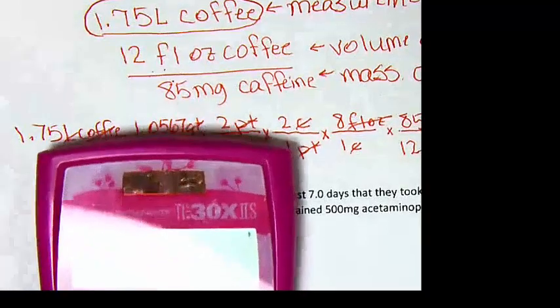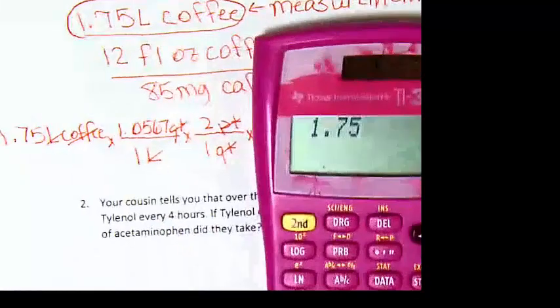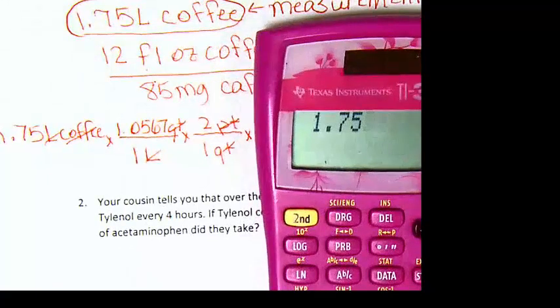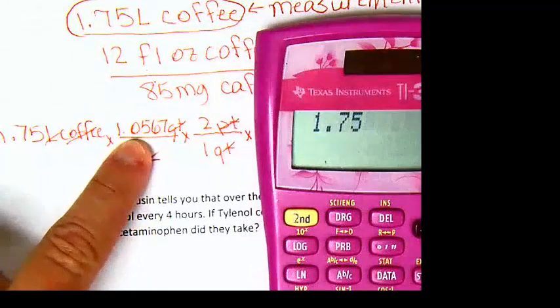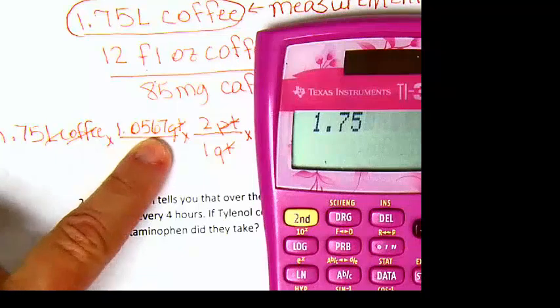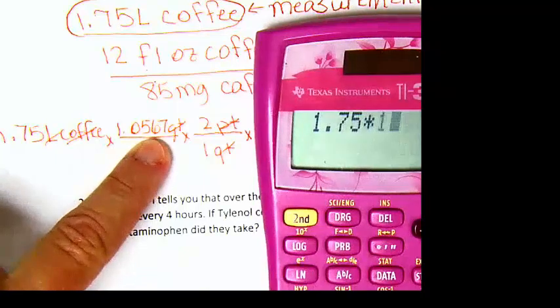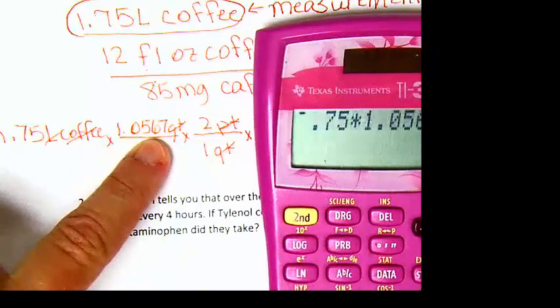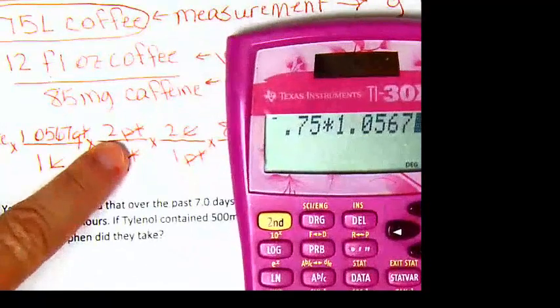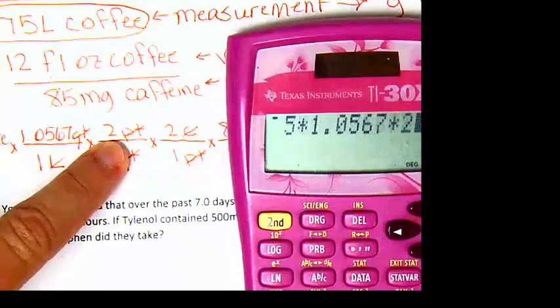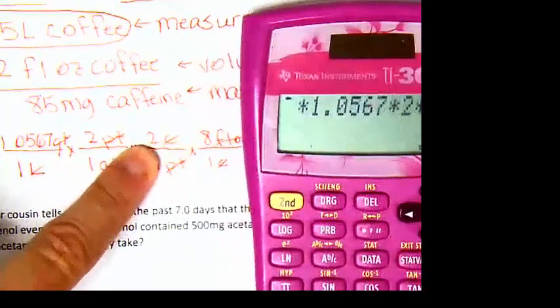1.75. And then on top is a 1.0567 to get it to quarts, so we're going to multiply by that. And then it's going to be times 2, because that's on top also. And then there's another 2, so it's times 2.